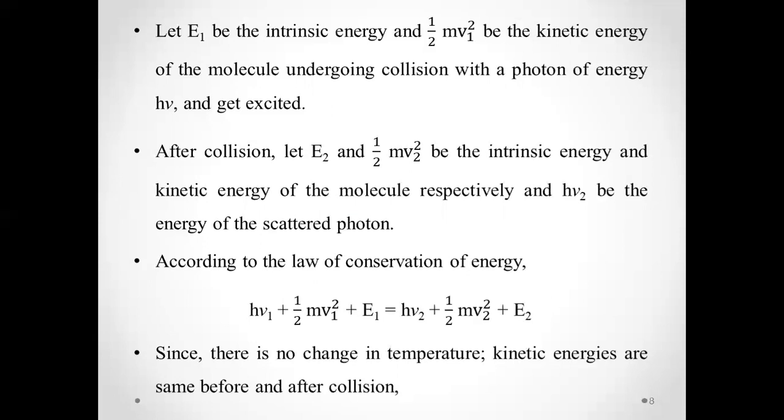Applying the law of conservation of energy, we can show that h nu1 plus half m v1 square plus E1 is equal to the total final energy h nu2 plus half m v2 square plus E2. Since there is no change in temperature, kinetic energies are same before and after collision.